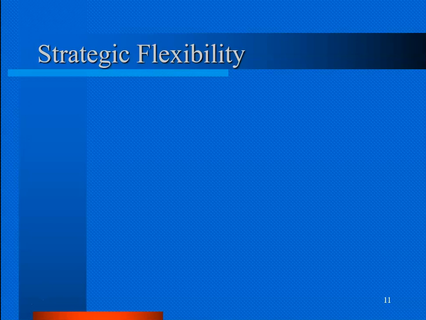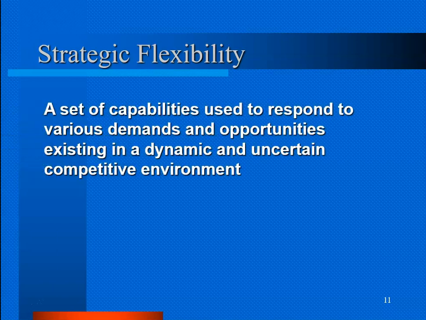So we just looked at the competitive landscape, and now we're going to look at strategic flexibility. And it follows from the competitive landscape in that because the environment is so hyper competitive, and then globalization, and then there is technology, and everything is moving so rapidly and so fast, then organizations need to have strategic flexibility. And what is this?